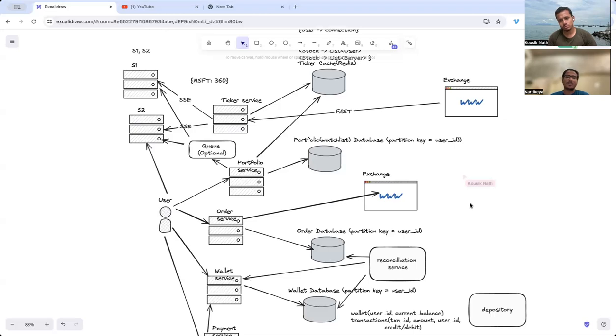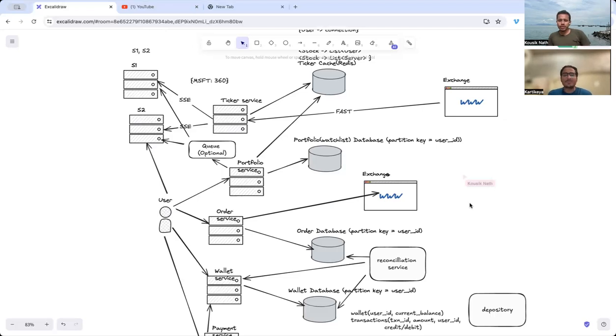Let's say for partition one, the leader is on server 1. Then one follower I can put on server 2, and the other follower I can put on server 3. This kind of system can be done as well.